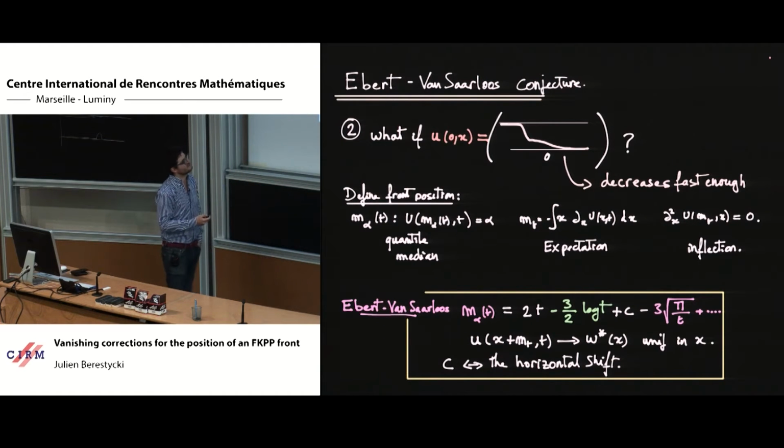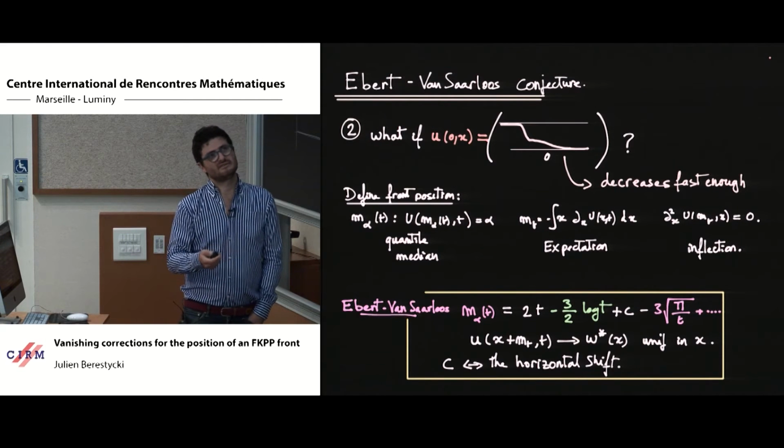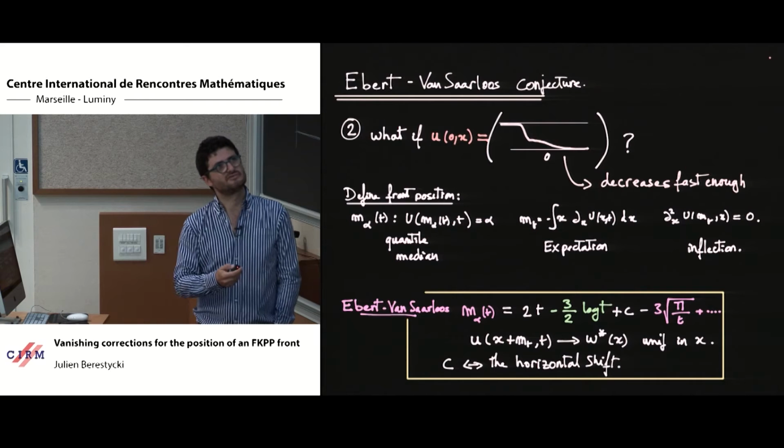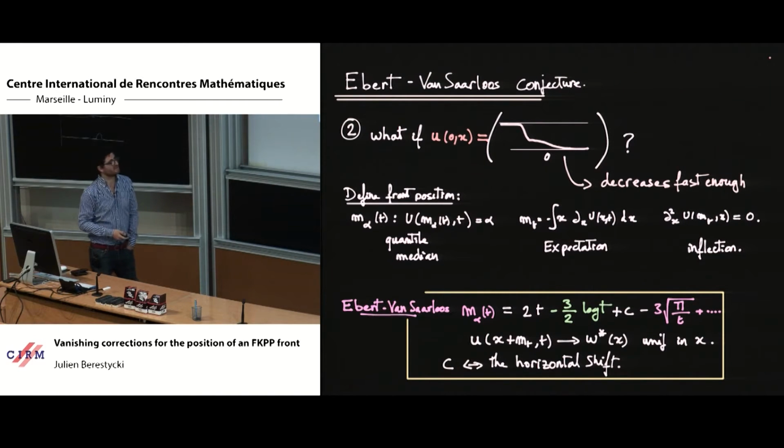Of course, it doesn't need to be unique or even finite, but maybe under some good initial condition, you can prove uniqueness of the inflection point, and that might be a good way to measure the position of the front, but this is more problematic. Anyway, I'm going to concentrate on this definition for the position of a front, okay?